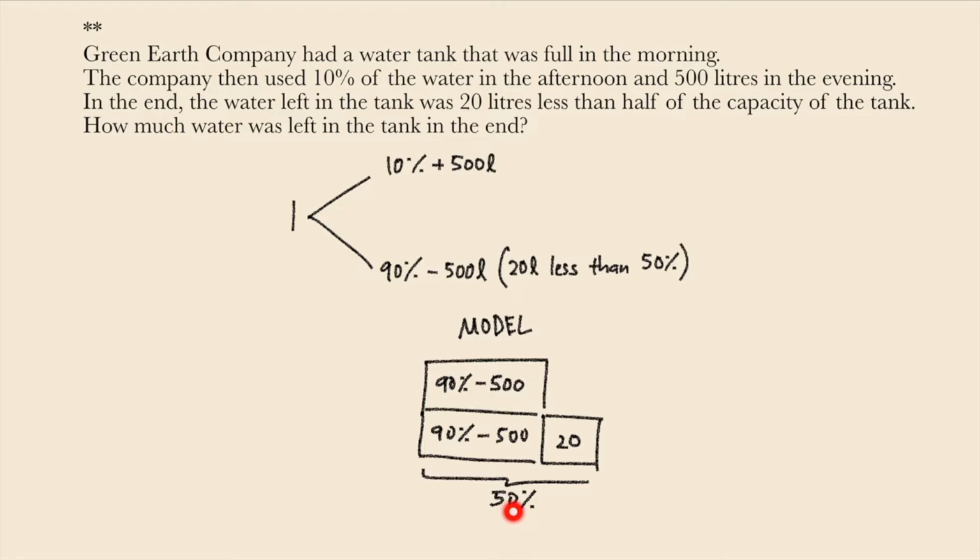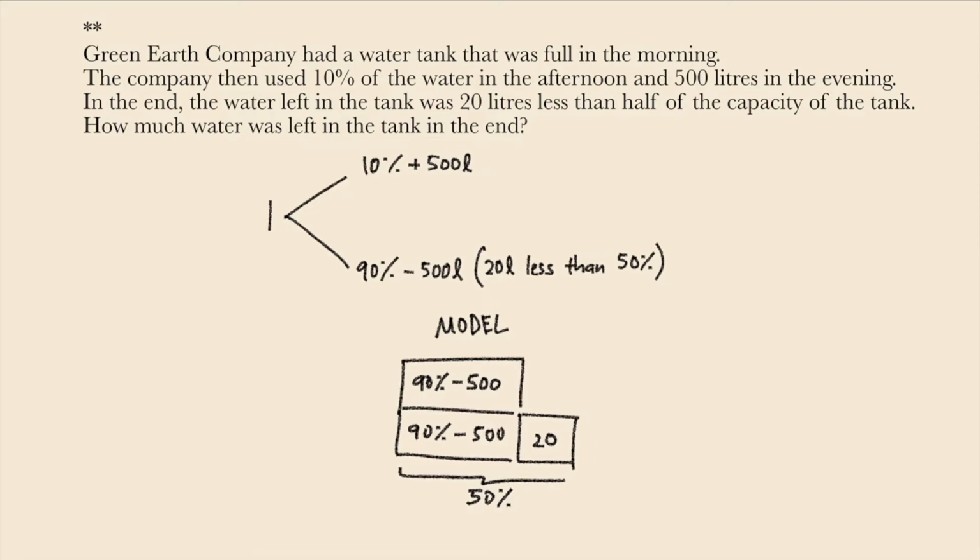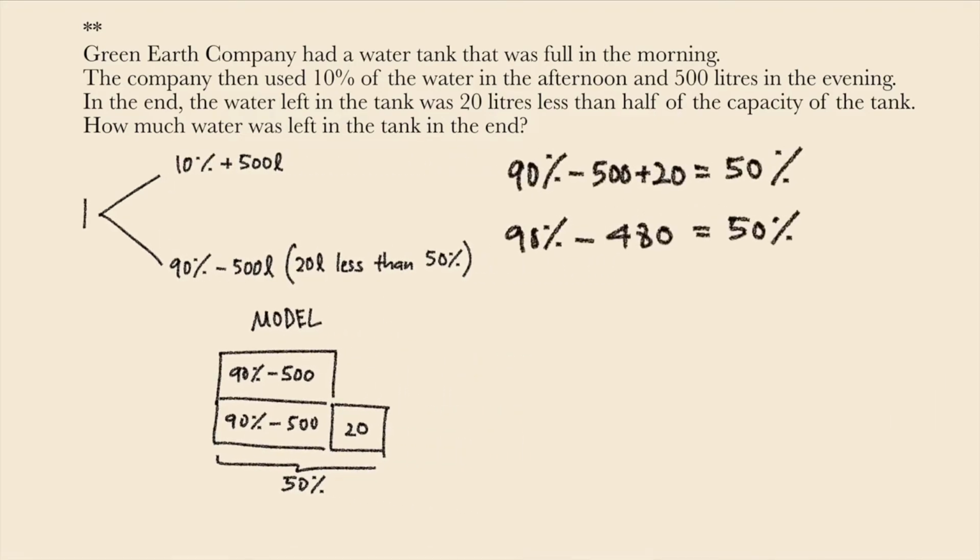Well, that means half the tank is 20 actual liters more than what we're left with. Well, this represents half the tank. Okay, we can form an equation here. 90% minus 500, if you add another 20 liters here, it's going to represent 50% of the tank. And if we simplify, this is it.